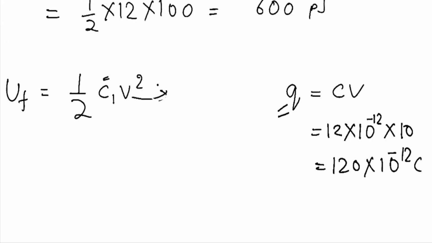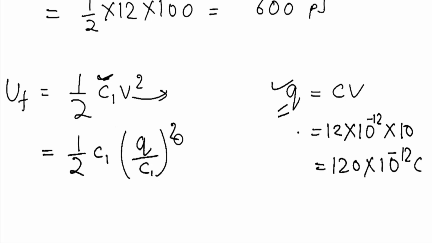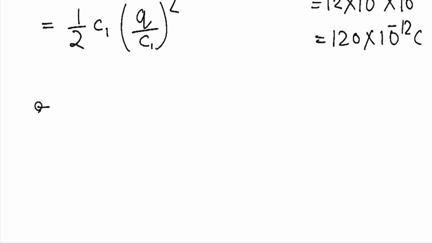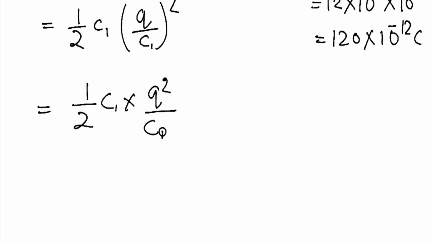Now we can write the energy in terms of the charge and the new capacitance. So we write half C dash into (Q by C dash) whole square, or 1 by 2 C dash into Q square by C dash square. One C dash cancels, so we can write half into Q square by C dash.